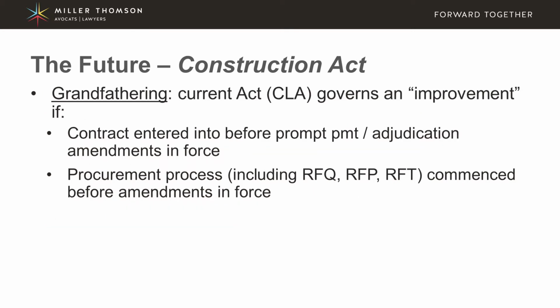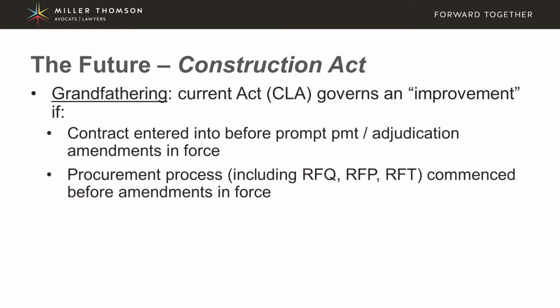Now, because the current Construction Lien Act is, for the most part, still in effect, there is some grandfathering that has to be considered. So if a contract has been entered into before October 1st, 2019, then the prompt payment and adjudication amendments will not apply.